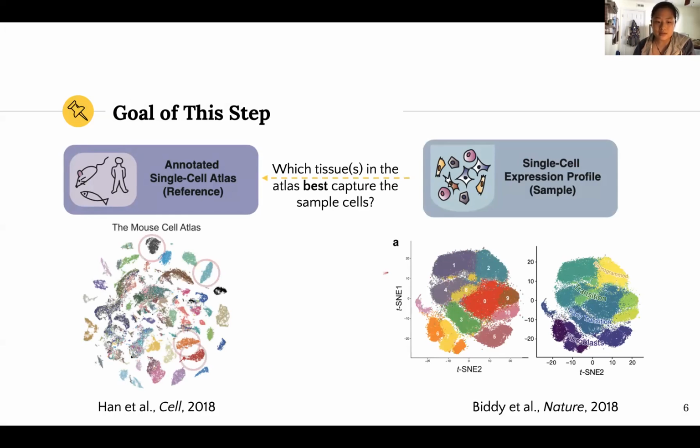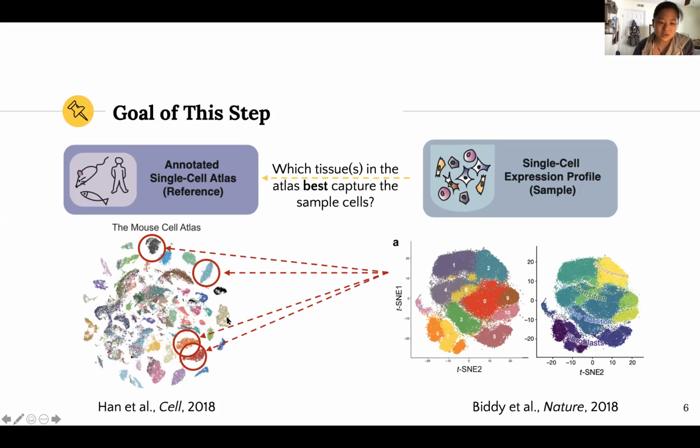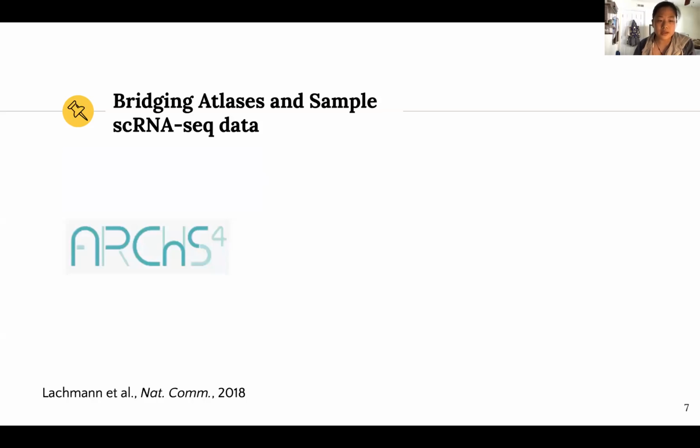The goal is to identify the tissues inside of the mouse cell atlas that actually map to our single cell RNA sequencing data. To do this, we are bridging the single cell atlas data and the sample single cell RNA-seq data using the bulk transcriptome.